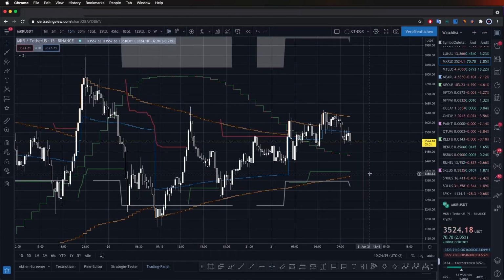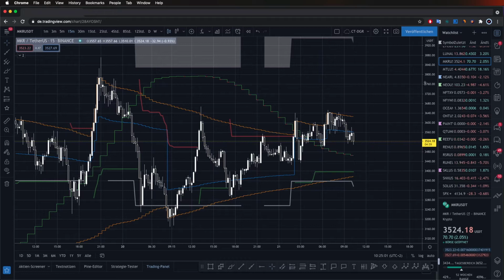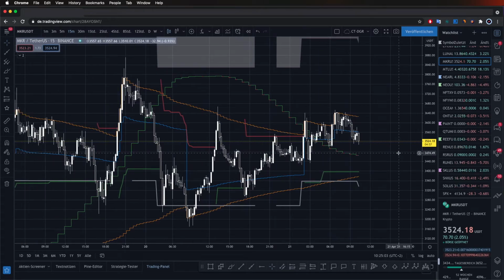And here we have another completely different scenario. We are above the DGR, which is nice for a long setup. We broke this bearish trend here. We are now more or less on the same level the bearish trend was at before.